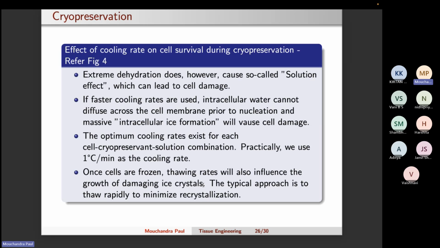If you thaw as soon as possible, then your cell survival rate is expected to be high, because rapid thawing will minimize reformation of ice crystals inside the cell. Formation of ice crystals in the cell is the main culprit causing cell death. So we always have to optimize the conditions so that ice crystals don't form.